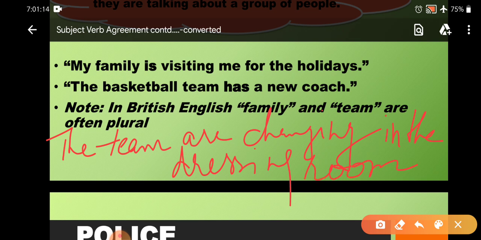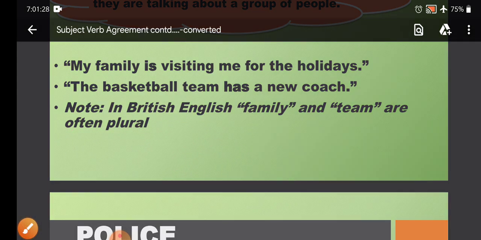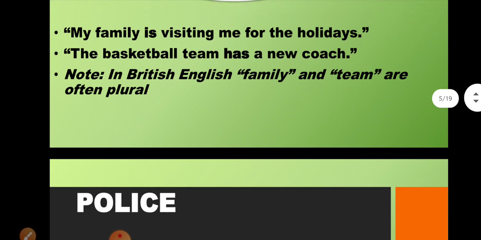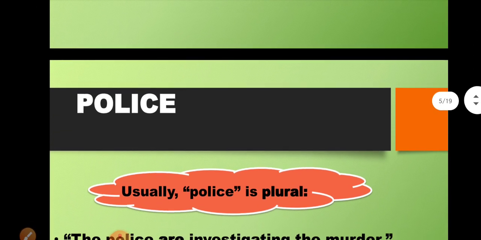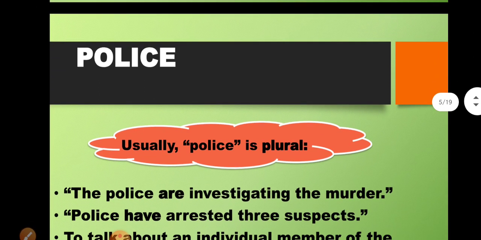So clearly, here in this sentence, we are referring to the individual persons in the team. So it becomes a plural. So that way, all the collective nouns can be used as singular also or plural also, depending upon the context.